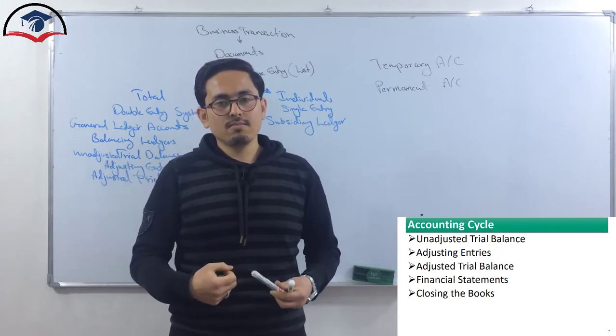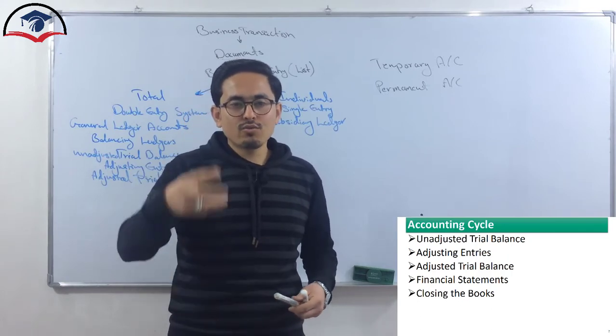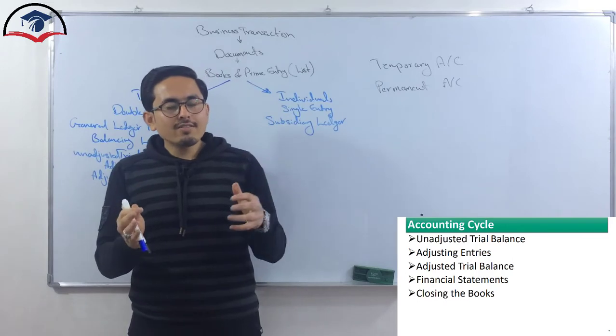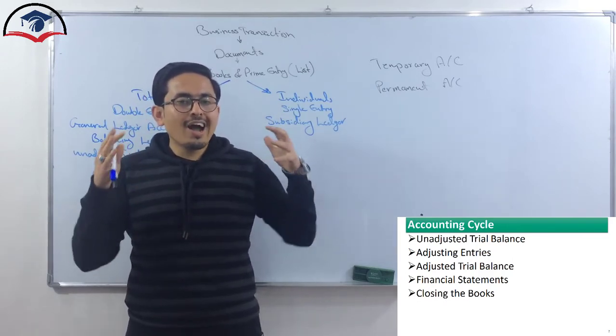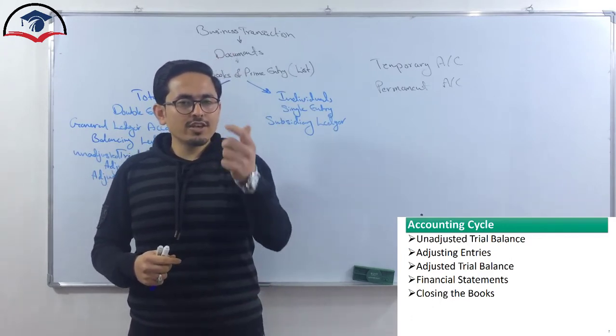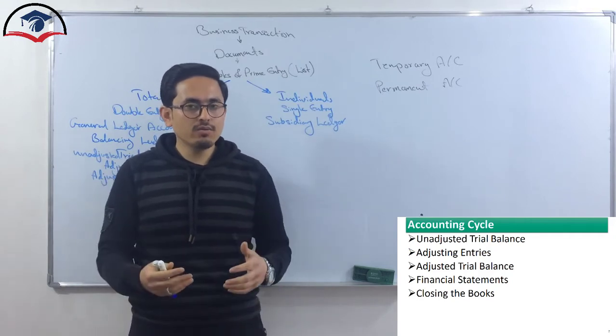of the business. But on the other side, we have permanent accounts, which are related to the statement of financial position. On that, you need to record the items which are continual or permanent, such as cash. I have $1,000 at the end of the year in my account.